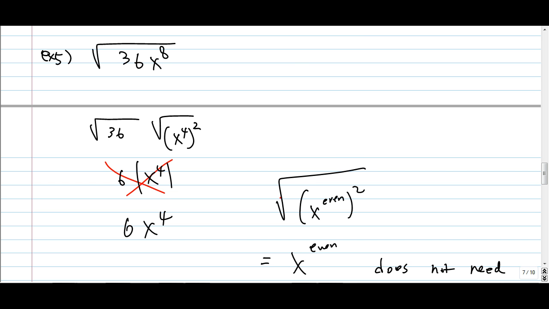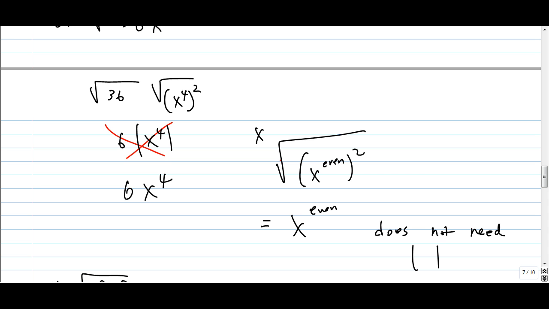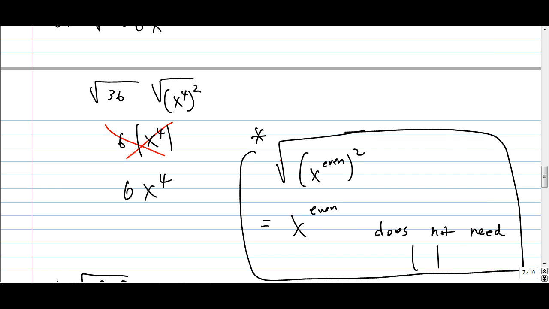Don't they cancel out? So when it comes out to be x to the even, what does it not need? That's right. It does not need the absolute value. Do you understand? So if you're square rooting a square of x to the even power, of course it comes out to be x to the even, and you do not need the absolute value.